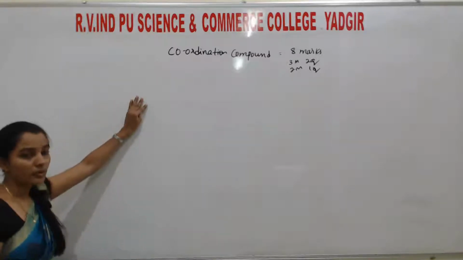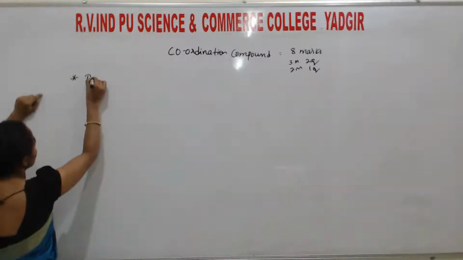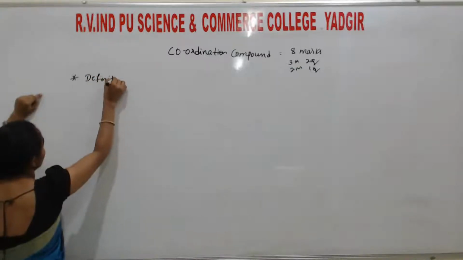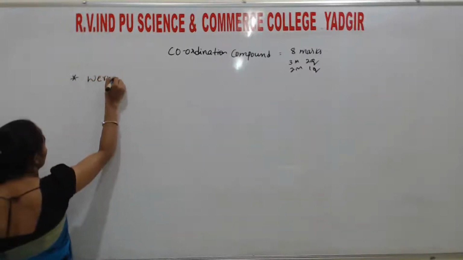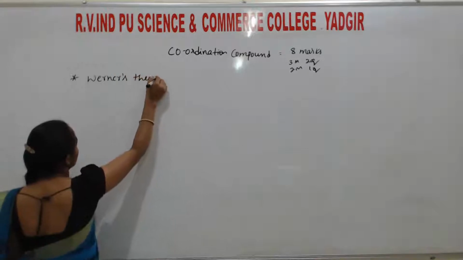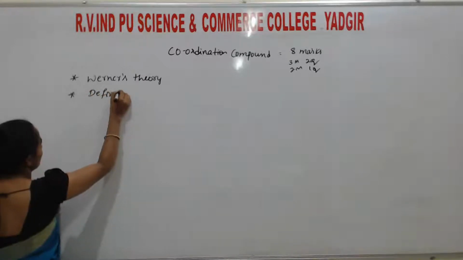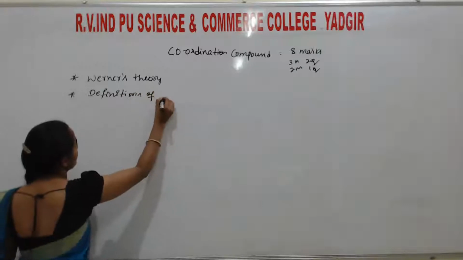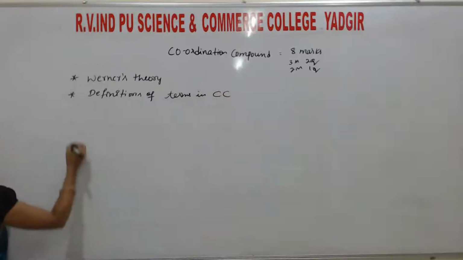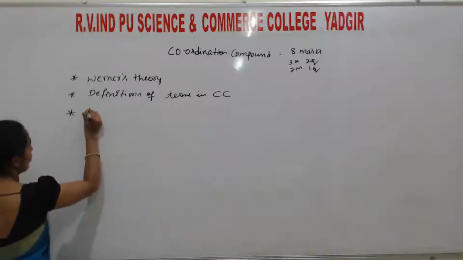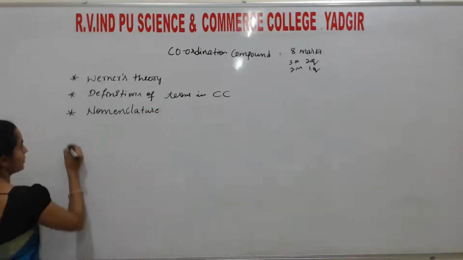In this coordination compound chapter, students, the objectives are to study: first, Werner's theory. Second, definitions of terms in coordination compounds. Next, the nomenclature.